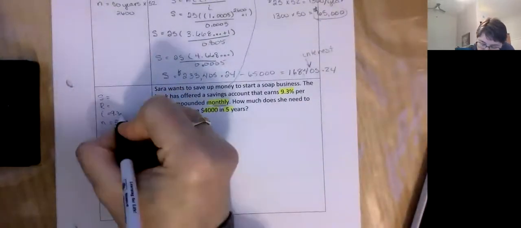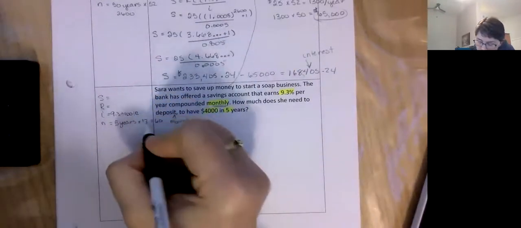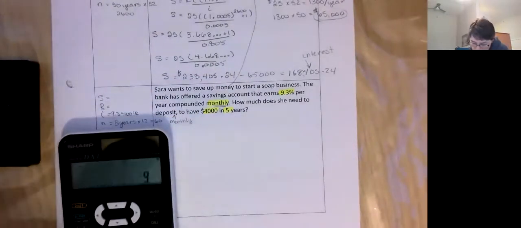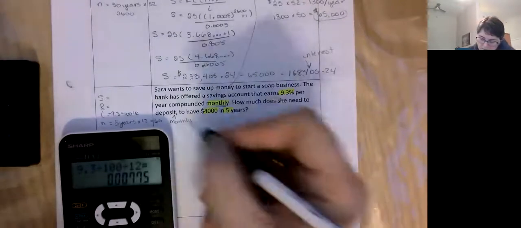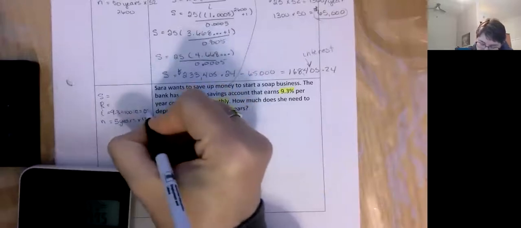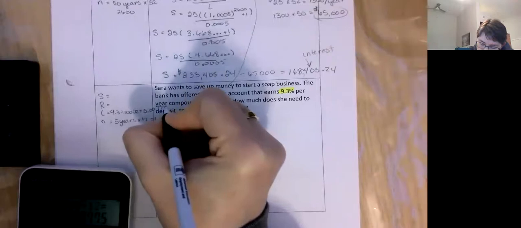All right, 9.3 divided by 100 divided by 12. Oops, 12. Remember this matchy. 9.3 divided by 100 divided by 12 is 0.00775.